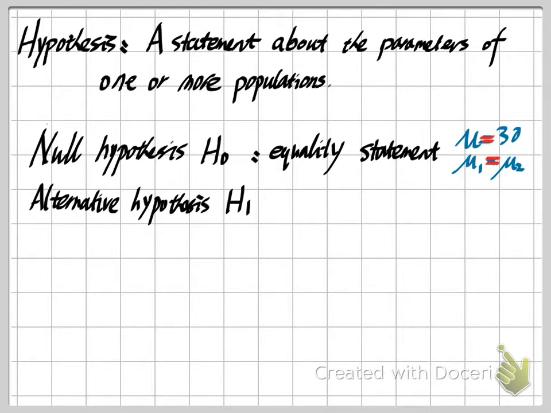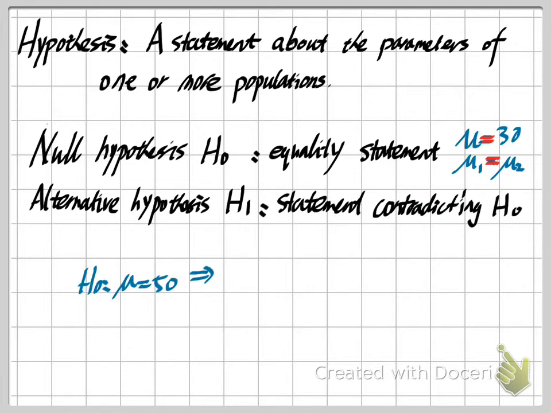For the alternative hypothesis, this is a statement that contradicts our null hypothesis. For example, if we assume our null hypothesis H0 is that the population mean mu is equal to 50, then there are several ways to contradict this statement. The first one is we can say our alternative hypothesis is that the population mean is not equal to our value 30 here.